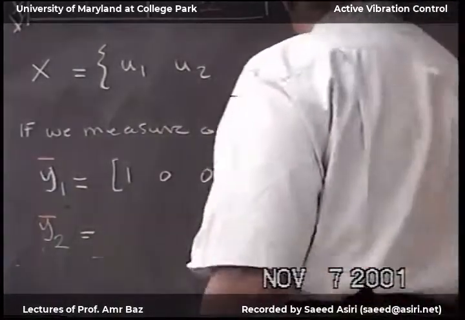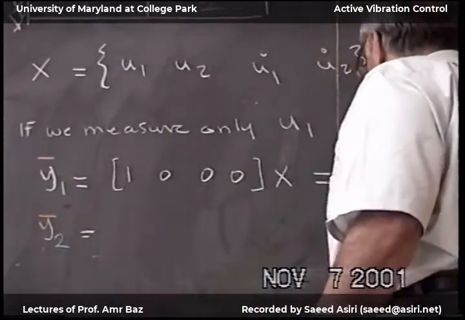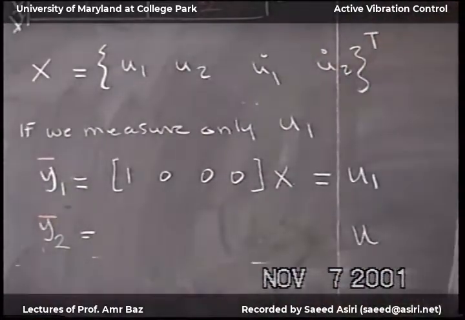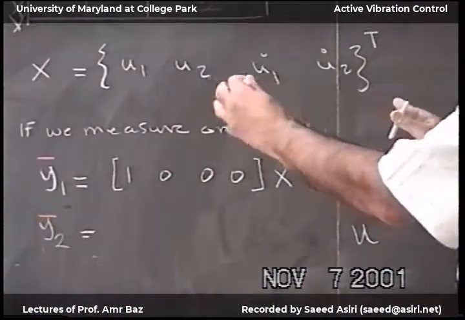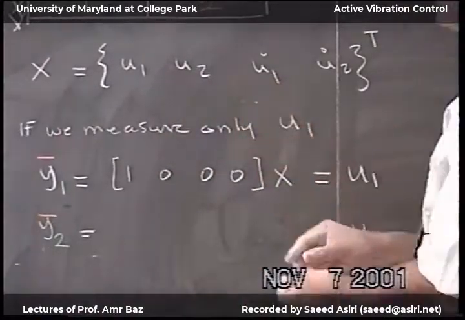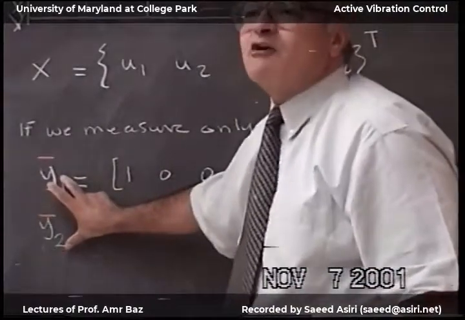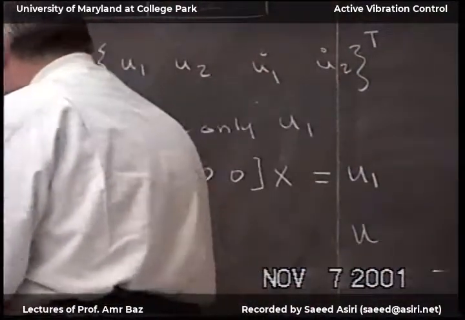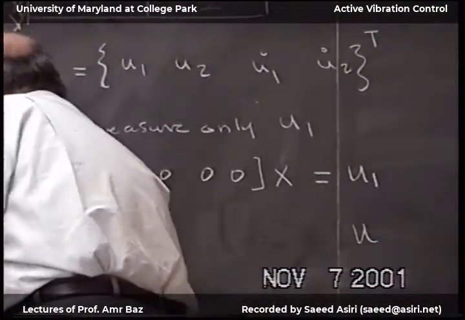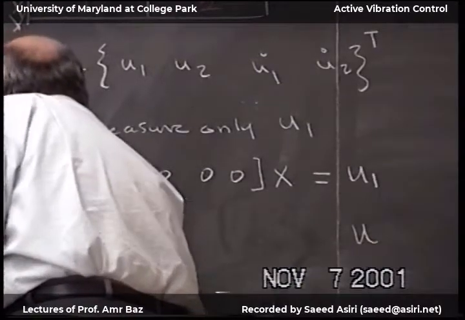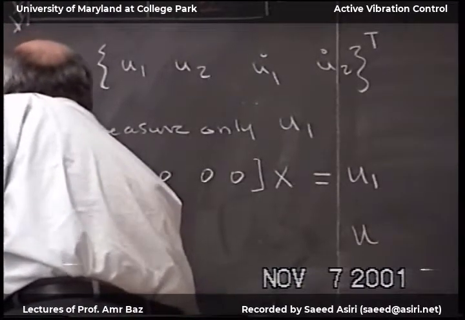I want to get this as U. Now I'm going to form this in a matrix form. This is what I want as my output. So my new output is equal to this vector, Y1 bar, Y2 bar.